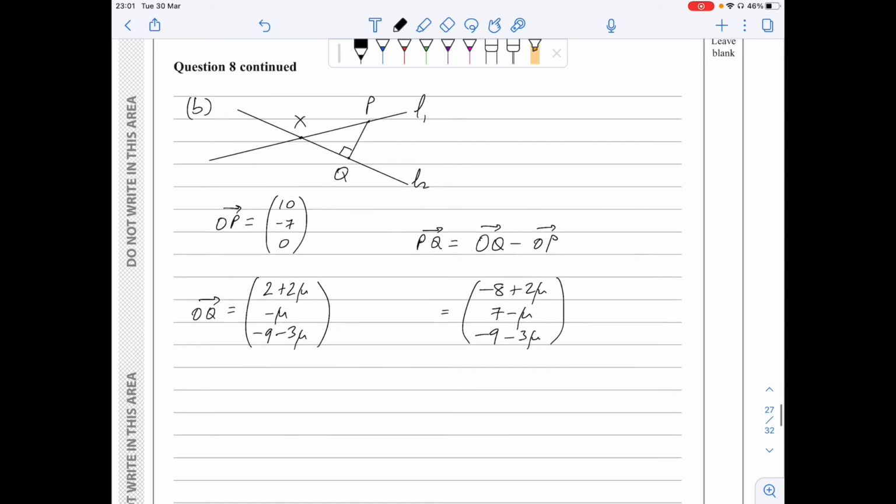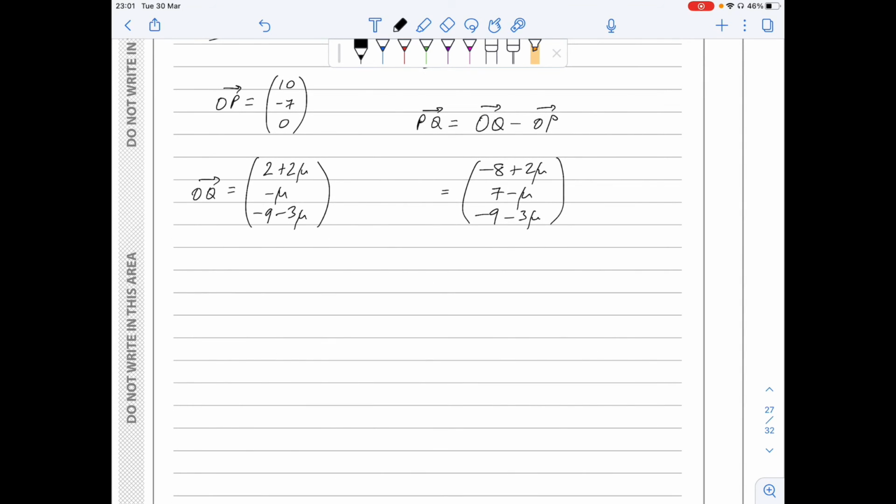I will use the fact that the dot product of two perpendicular vectors is 0. So PQ dot (2, -1, -3), this is the direction vector of line 2, is equal to 0. So (-8 plus 2 mu, 7 minus mu, -9 minus 3 mu) dot (2, -1, -3) is equal to 0.